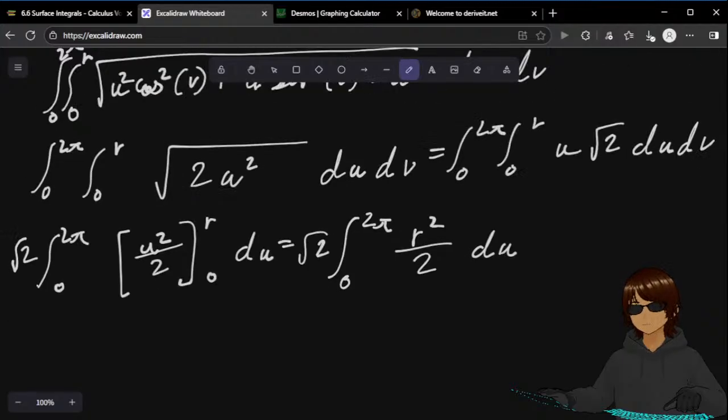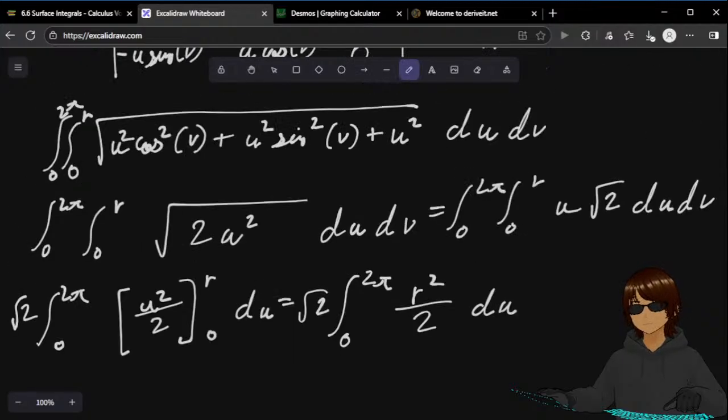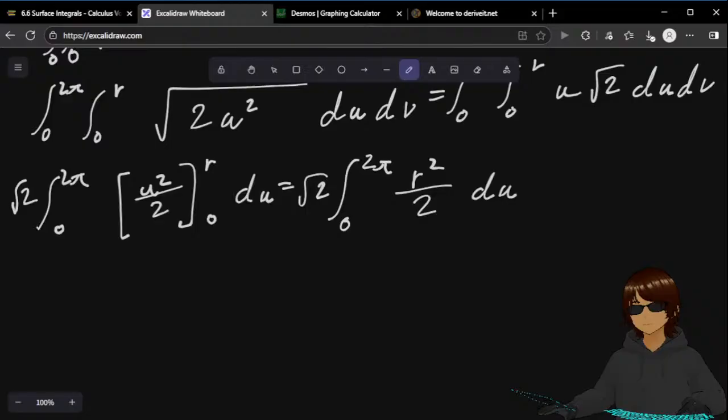I feel like this is wrong. This is constant, right? 0 to 2 pi.